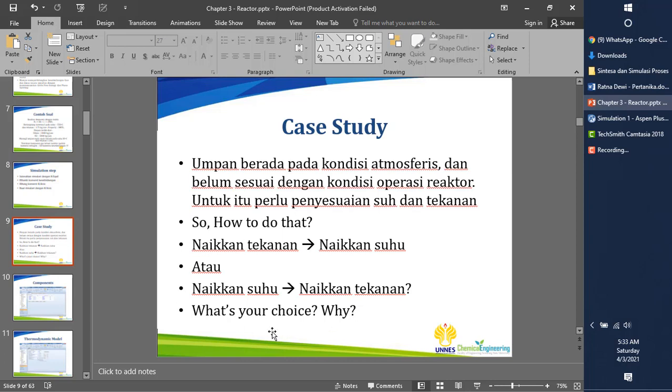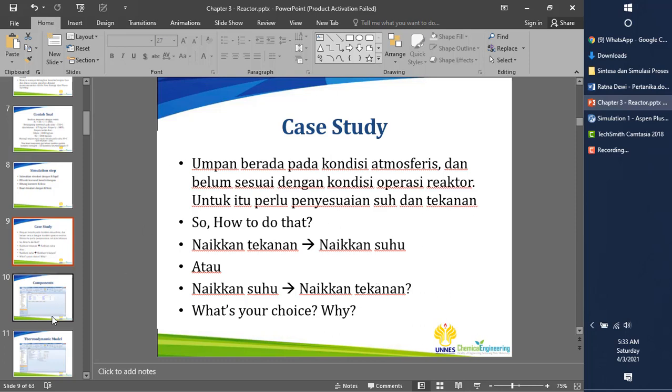Actually, there's a question. Why? Which one are you going to choose? You first increase the pressure and after that increase the temperature, or you increase the temperature first, followed by increasing the pressure. Actually, how to answer this question? You can manually calculate by assuming an ideal case calculation, to see which one is more effective.